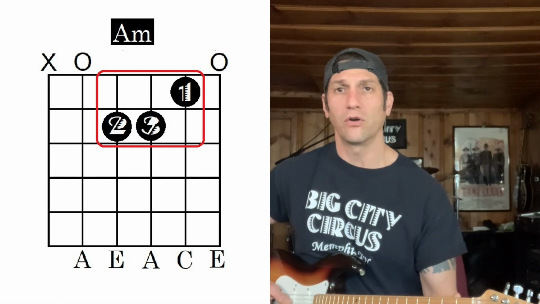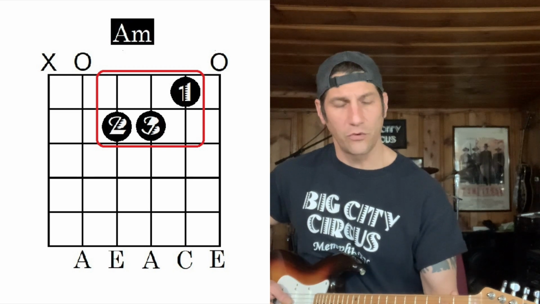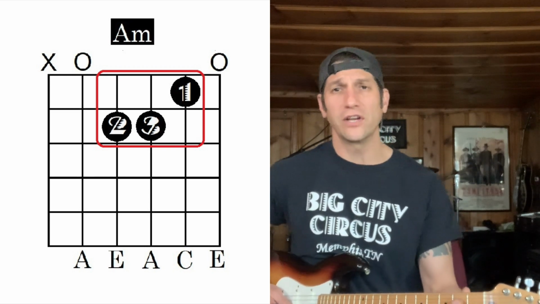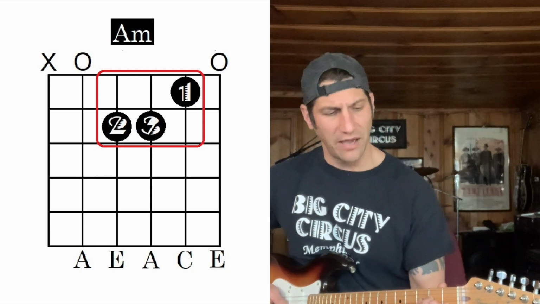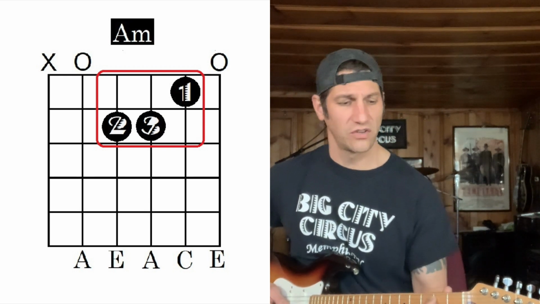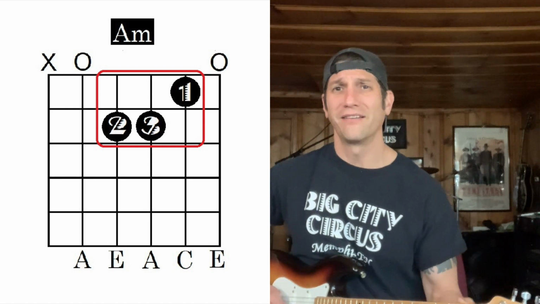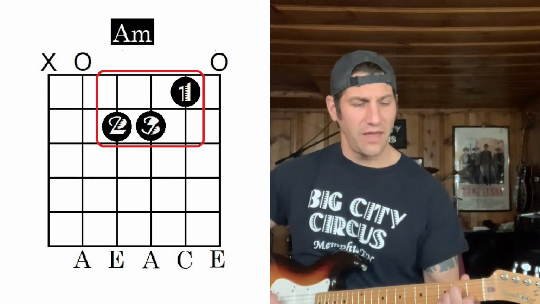You can see that your middle finger is on the 4th string, and your ring finger is on the 3rd, and that is how you're always going to hold an A minor. You're probably not going to switch those fingers back and forth. I've never had to do it, and that's an A minor.